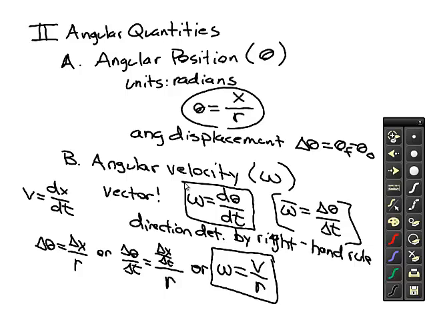So 20 radians per second times half a meter, I'm going to get 10 radian meters per second.